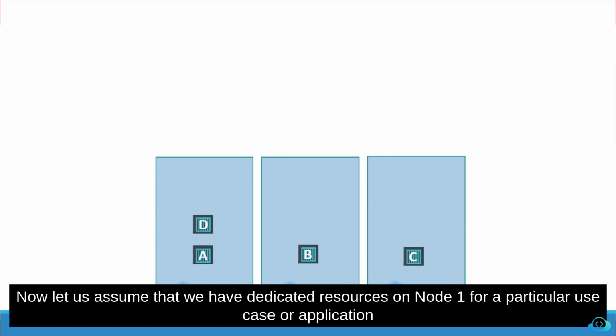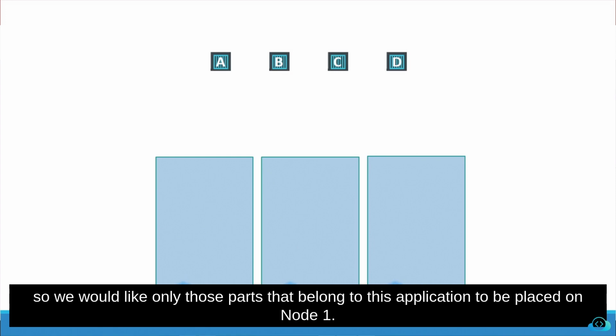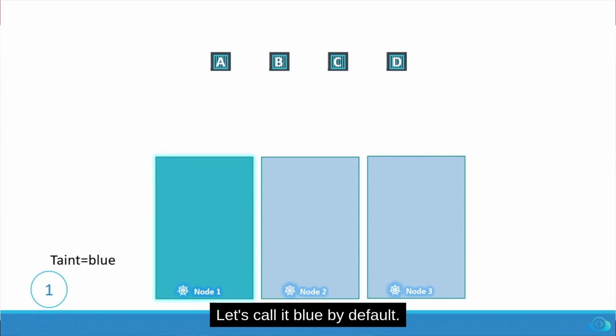Now let us assume that we have dedicated resources on node 1 for a particular use case or application. So we would like only those pods that belong to this application to be placed on node 1. First, we prevent all pods from being placed on the node by placing a taint on the node. Let's call it blue.